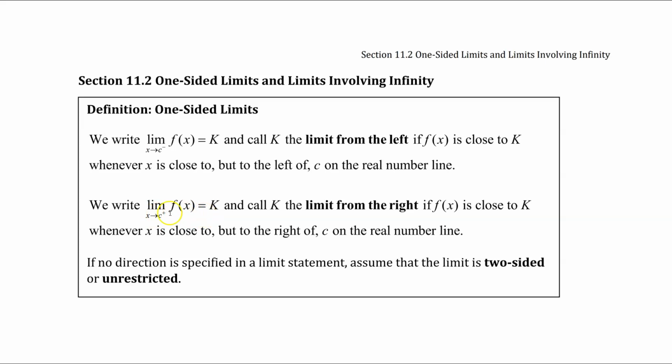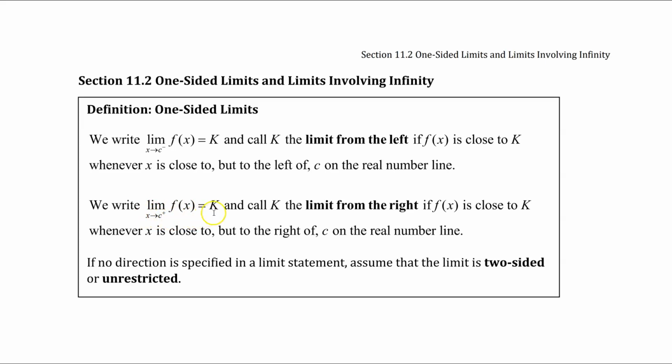The expression here is called the limit from the right, and we read this as the limit of f of x as x approaches c from the right equal to k.